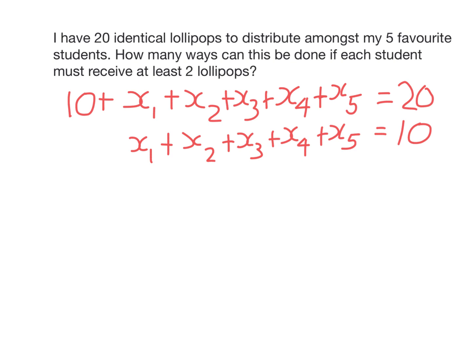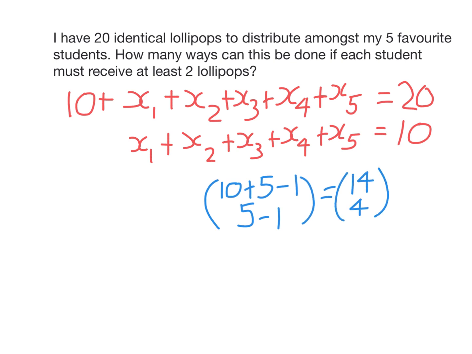Well, this is exactly the same as what we did in the previous slides. We're going to use stars and bars. It is the number of balls, or in this case lollipops, plus the number of bins minus 1, choose number of bins minus 1. It is 14 choose 4. So putting that on our calculator, there are 1,001 different ways.